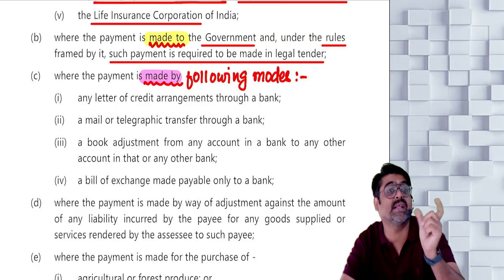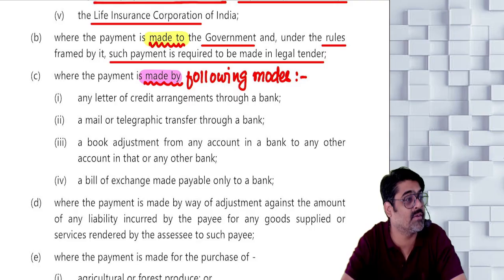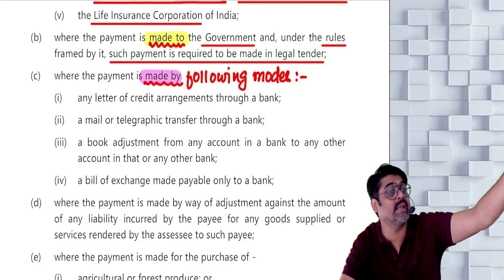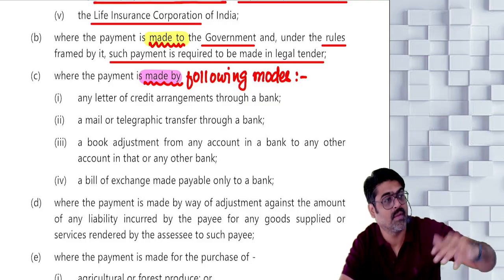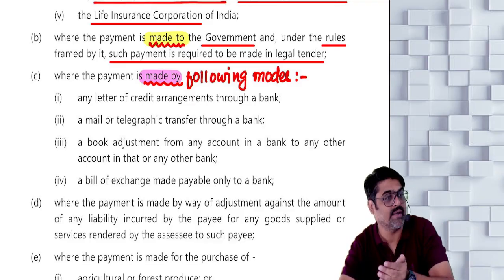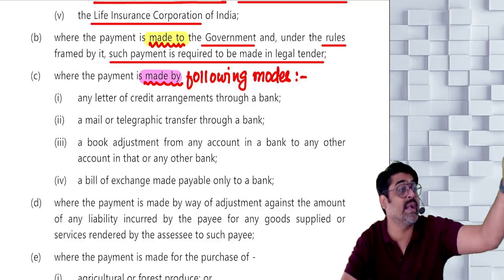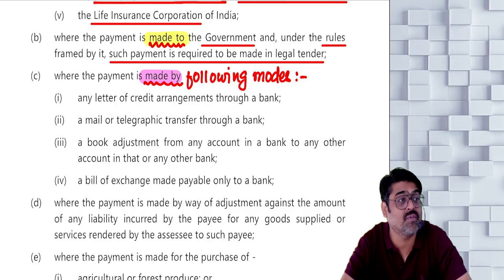So in these international transactions, usually the payments are done through letters of credit, LCs. I will have to first go to my bank and tell the bank to open an LC, letter of credit, in favor of that person sitting in China. And once the LC is opened, only then the goods are sent. And the payment is done through that LC.